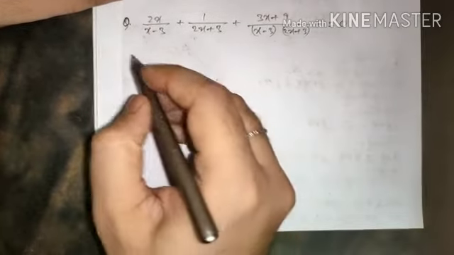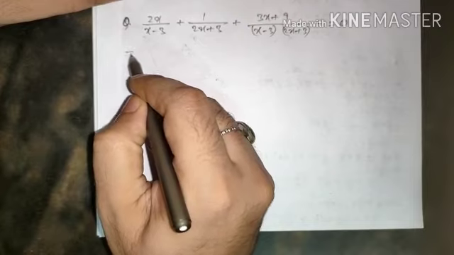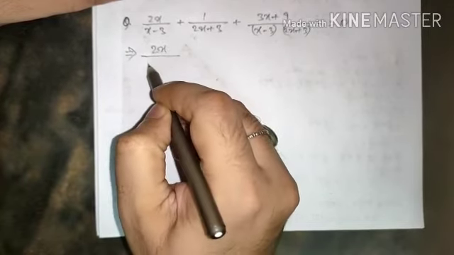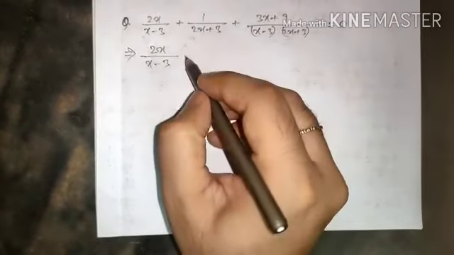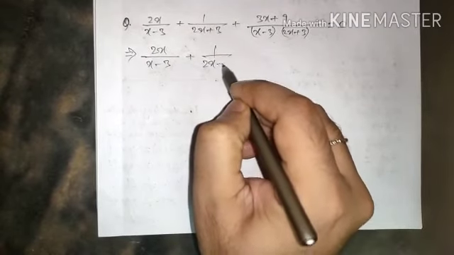So let us start solving it like this. We can write it like this: 2x divided by x minus 3 plus, we will leave this one also as it is.